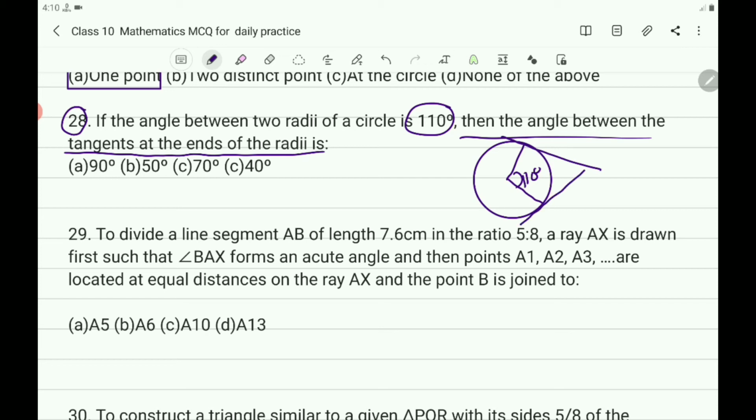We have to find the angle between the tangents drawn at the ends of the radii. This angle is always equal to 180 minus this angle, that is 70 degrees. So the angle between the radii and the angle between the tangents at the ends of the radii are supplementary. Their sum is always equal to 180 degrees. So 180 minus 110 is 70 degrees. So option C is the answer.